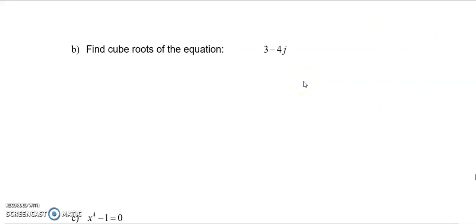Part B says find the cube roots of, and again, it's not really an equation, it's just a number. So find the cube roots of 3 minus 4j. Well, this number is in rectangular form. Your first step would be to change it into polar form. So you do require the calculation for r, and you do require the calculation for theta.